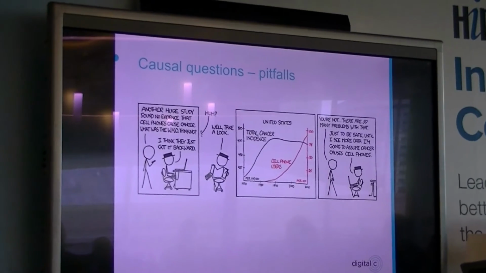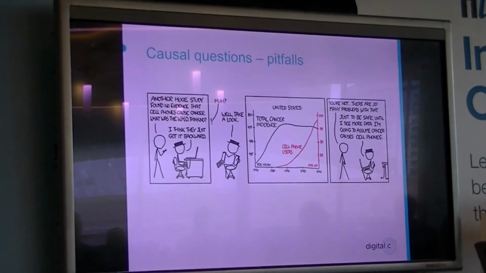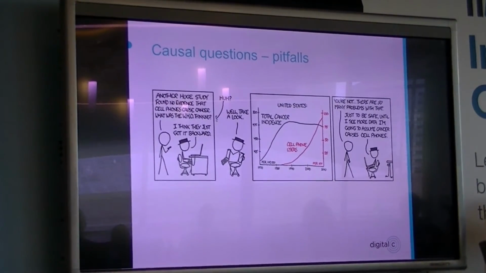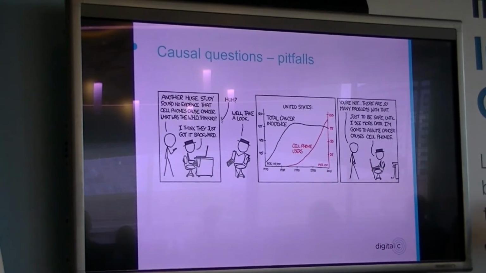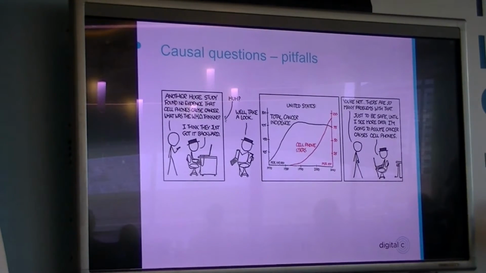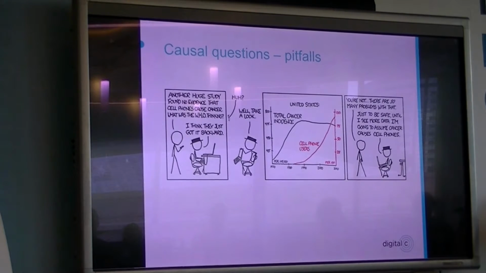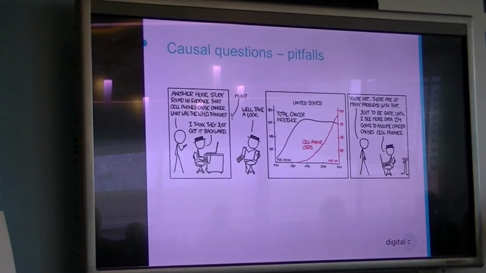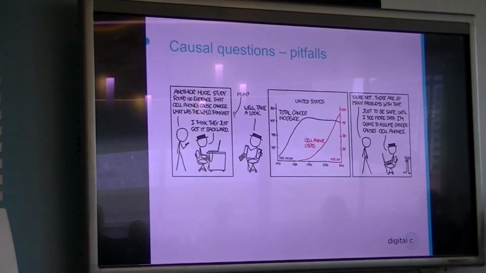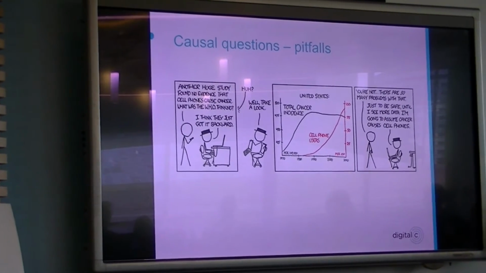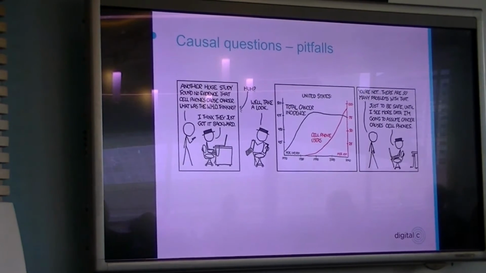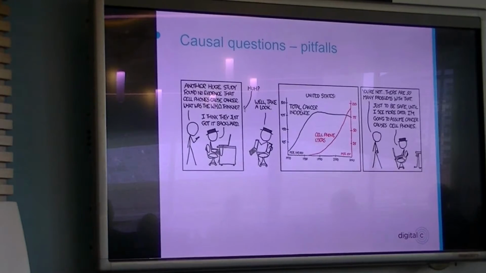And then this is a nice comic for this. "Another huge study found no evidence that cell phones cause cancer. What was the WHO thinking? I think they just got it backward. Take a look. Total cancer incidence, and then cell phone users increasing sharply after total cancer incidence. Just to be safe, until I see more data, I'm going to assume cancer causes cell phones."